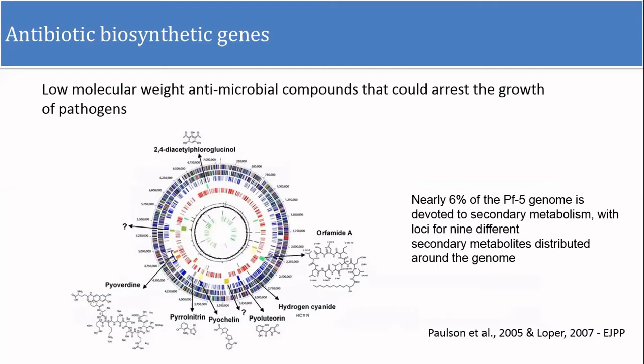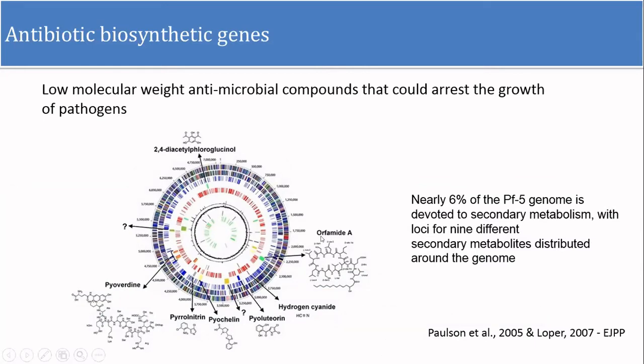If you see the whole genome sequencing of Pseudomonas fluorescens, it was done in 2005 by researchers, and they indicated that low molecular weight antimicrobial compounds, which could arrest the growth of pathogens, are present in the genome of Pseudomonas fluorescens.